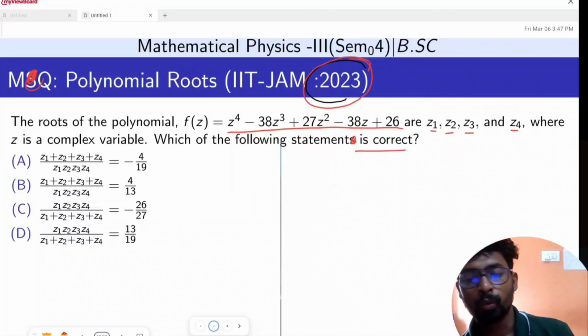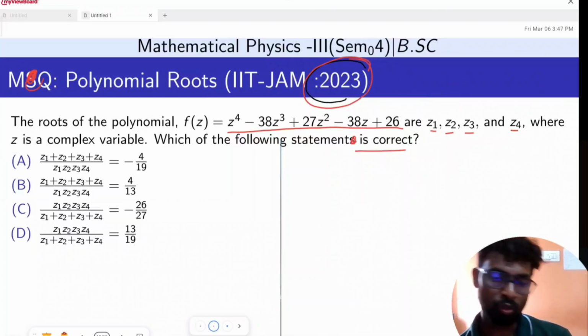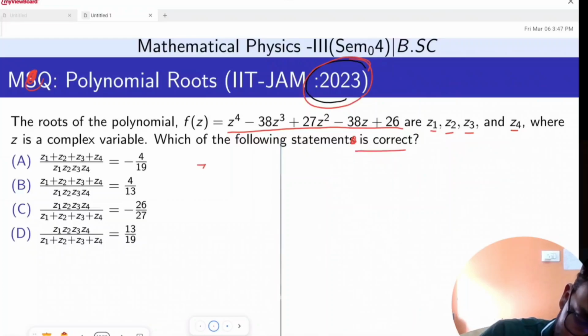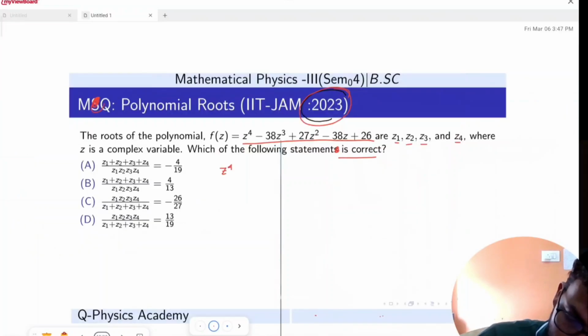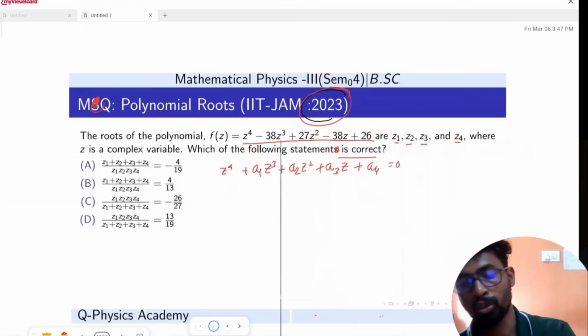We just follow the relations between roots and coefficients, which we already know for any polynomial. Let's say a fourth order polynomial is given: z to the power 4 plus a1 z cube plus a2 z square plus a3 z plus a4 equals 0.